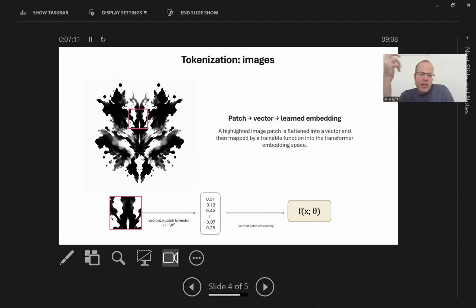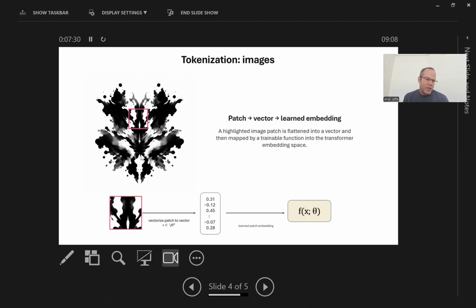If it's grayscale, it's just a square or rectangle. If it's a colored, say RGB image, that will be a three-dimensional tensor, like a width, height, and a vector of dimension three, which represents the color.